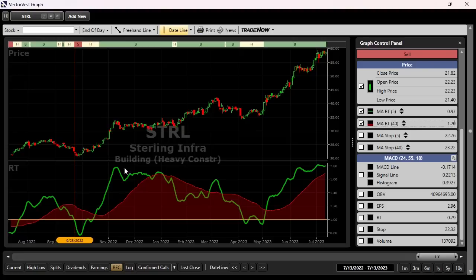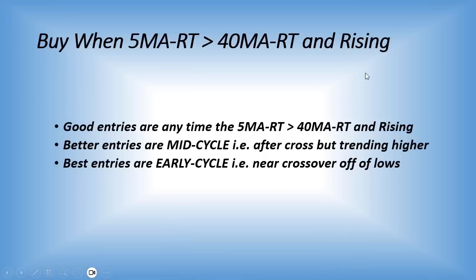So these are the seeds of our very simple approach. When the market's rising, in other words, you have a bullish timing signal in the VectorVest system, buy stocks when the 5-day moving average of RT is above the 40-day moving average of RT and rising. Good entries are any time that 5-day is above the 40 and rising.